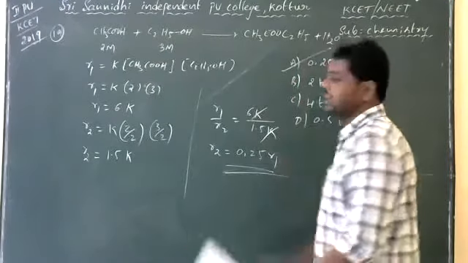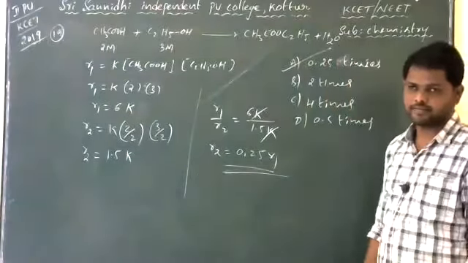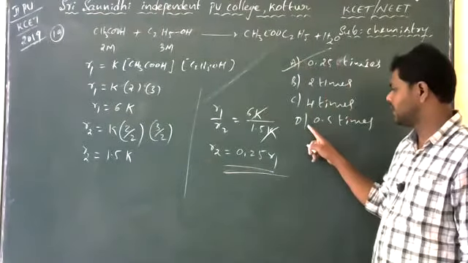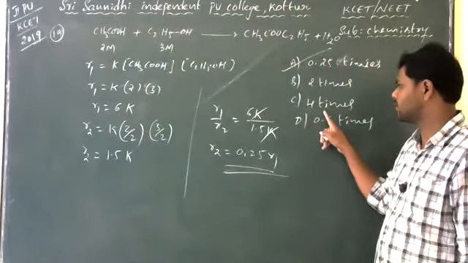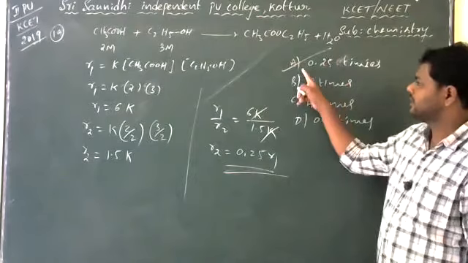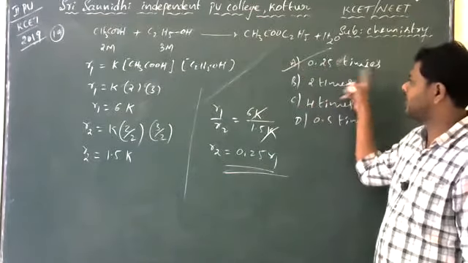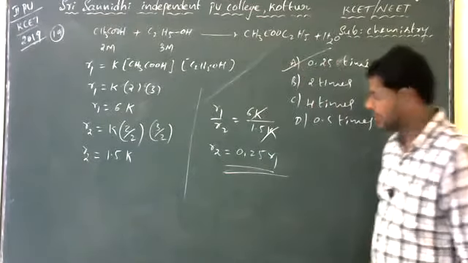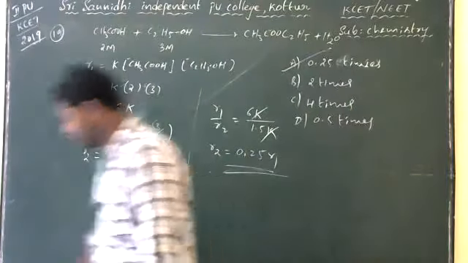So option A is the right answer. Option D is 0.5 times, option C is 4 times, option B is 2 times, and option A is 0.25 times.